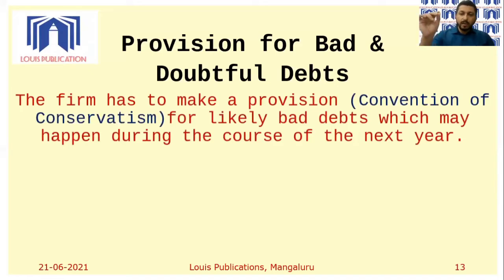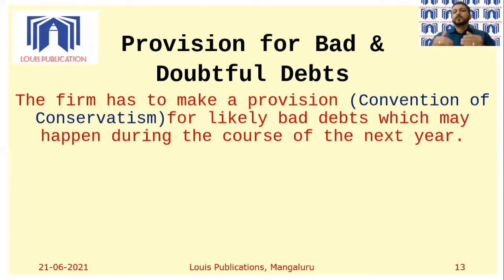So when we have debtors, the business makes a provision, say out of 90,000 rupees, say 5%. 5% of 90,000 would work out to 4,500 rupees. 10% is 9,000, half of that is 4,500 rupees. The business may treat it as a doubtful debt that it may not receive. This is just the convention of conservatism.